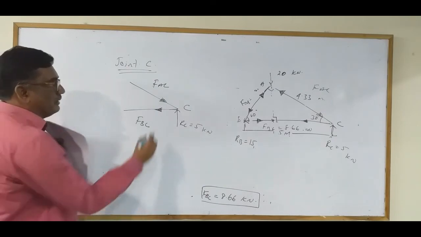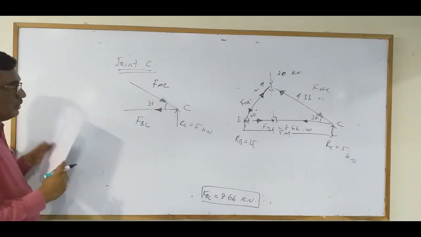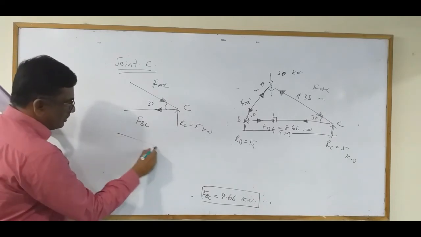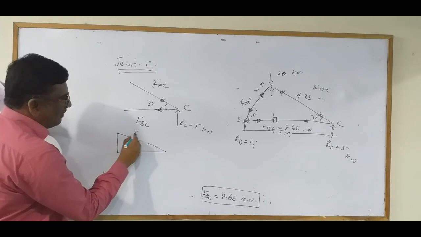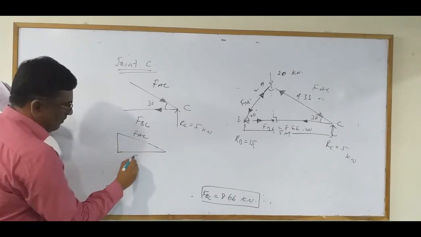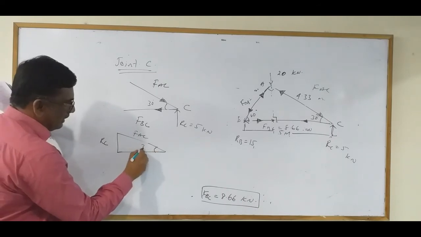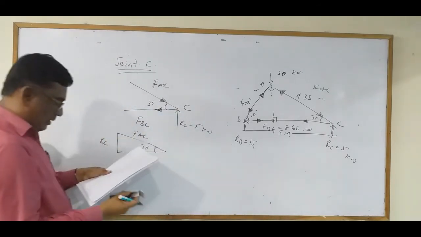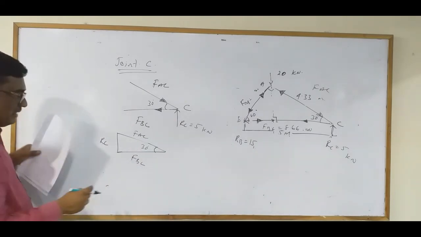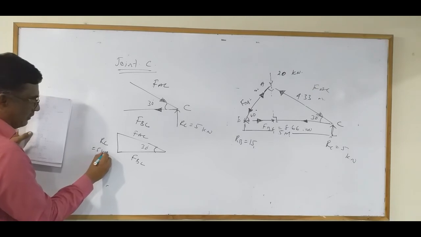Okay, now this angle is 30 degree. Now rearrange this force: FAC, FBC, this is RC, this is 30 degree. We know the value of RC is 5 kilonewton.